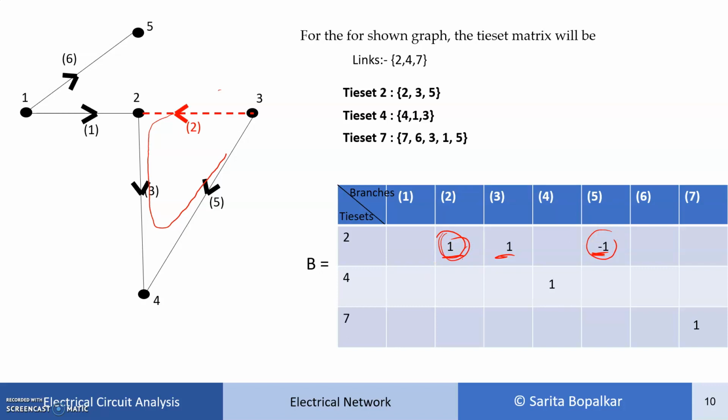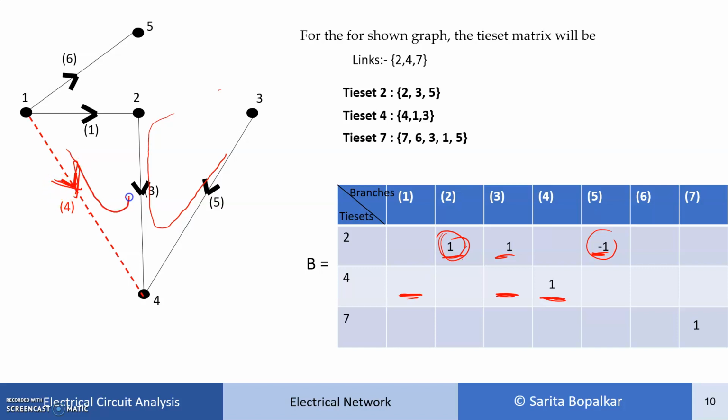Similarly, for row 2, what is our link? Link 4. So the link 4 orientation is this one. For the link itself, it is always 1. And what are the other branches of this loop? 4, 3 and 1. We check whether the orientation of branches 3 and 1 coincides with the orientation of our link, that is branch 4.